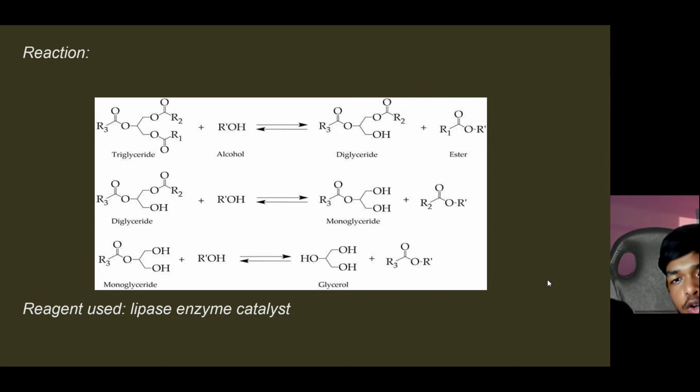And then monoglyceride reacts with ester, producing diglyceride plus alcohol. And for the third one, monoglyceride reacts with alcohol, producing glycerol plus ester, and then glycerol reacts with ester and produces monoglyceride plus alcohol.